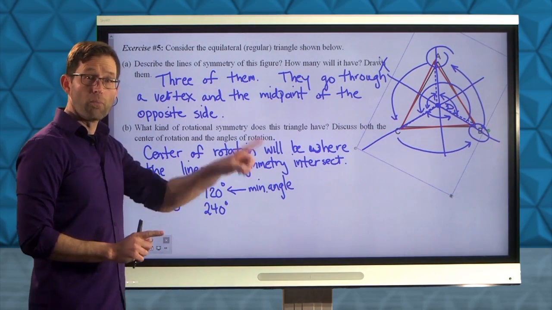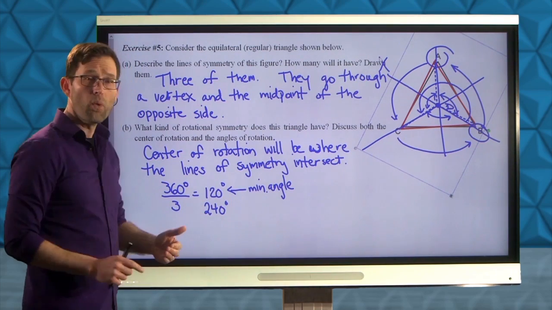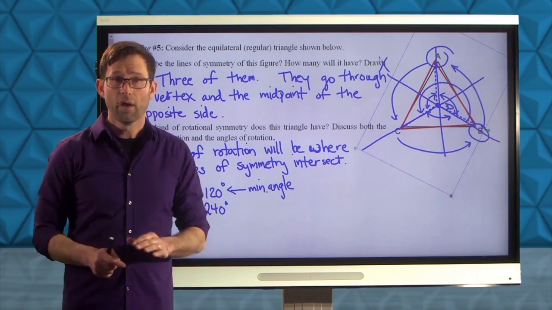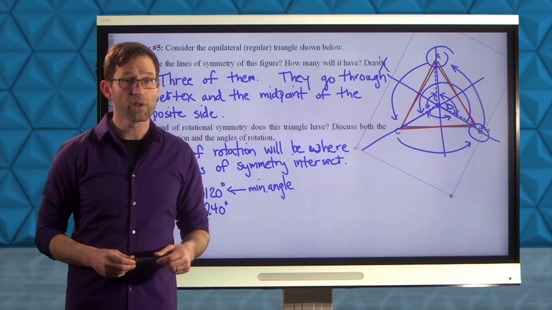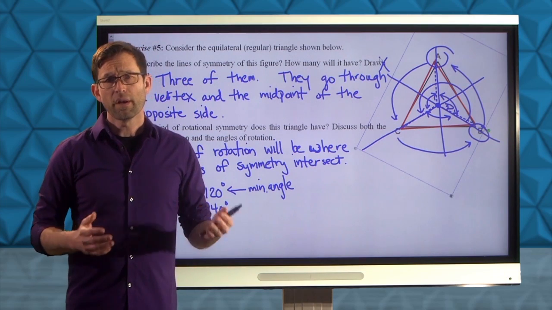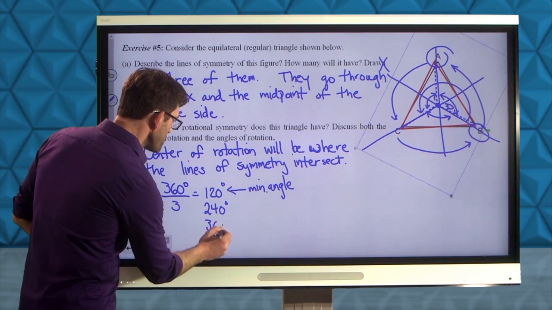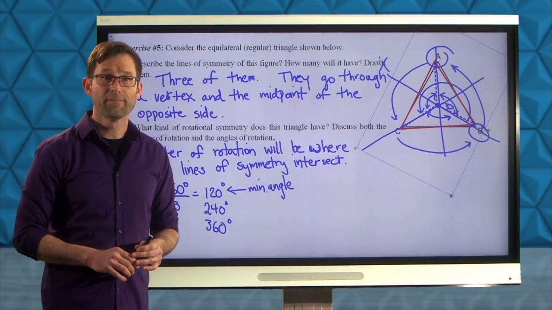Now I could go one more iteration. I could rotate 3 of those. But if I do one more, then I'm to a 360 degree rotation, which is fair. Again, if I rotate 360 degrees about that center point, it will definitely land on itself. But again, a little bit trivial. I think I'll write down the 360 degree rotation, just to kind of finish it out.